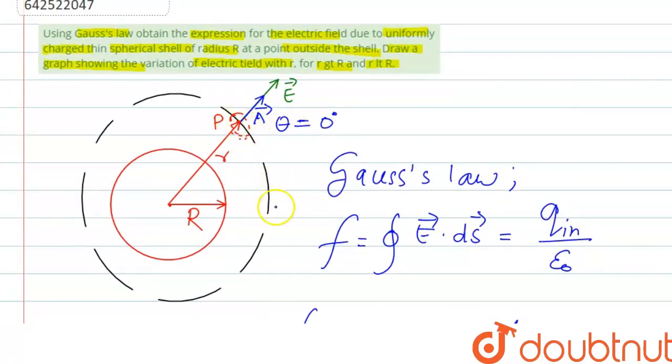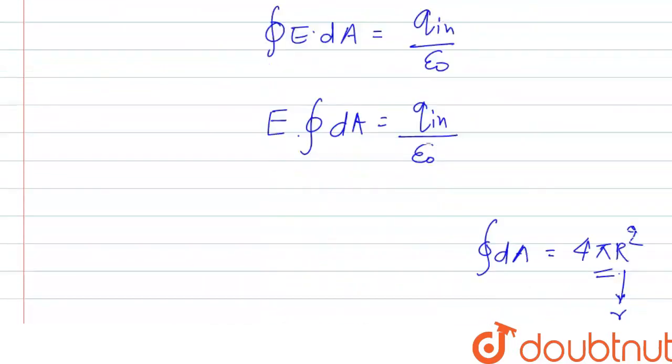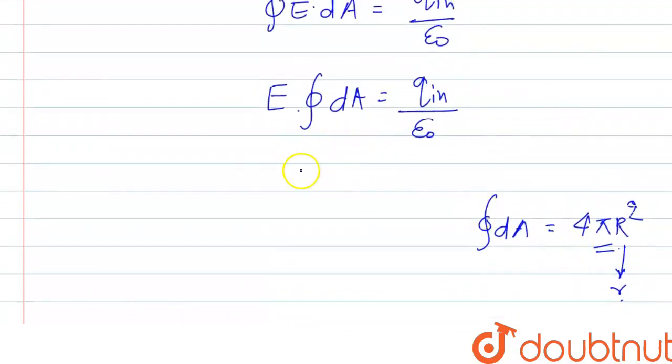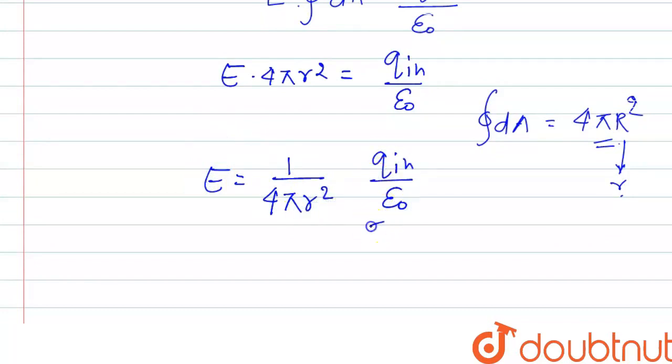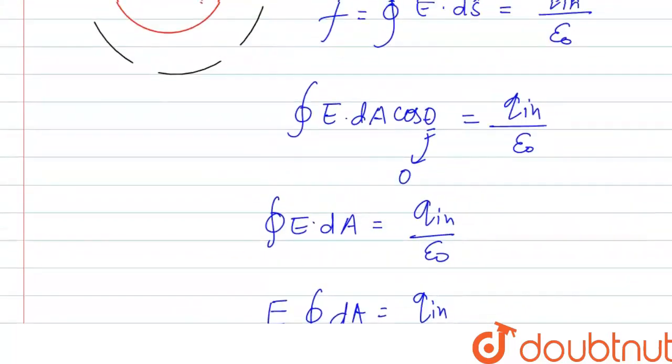So we can write E into 4 pi r square equals q inside by epsilon naught, so the electric field is 1 by 4 pi epsilon naught times q inside by r square.